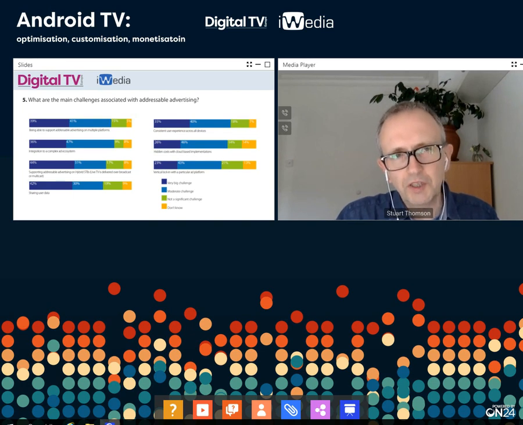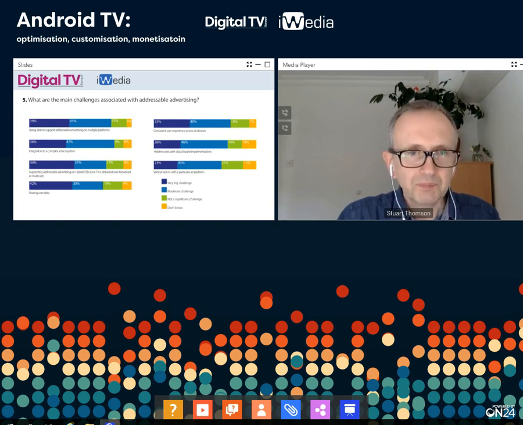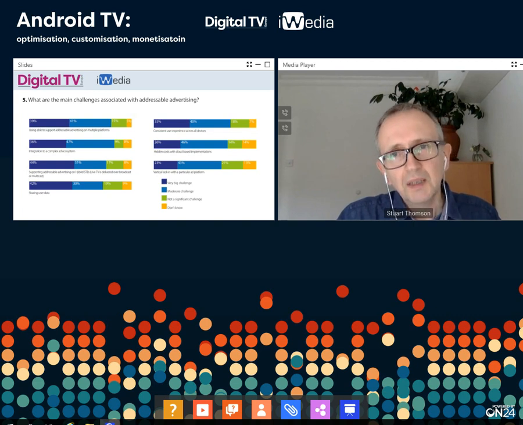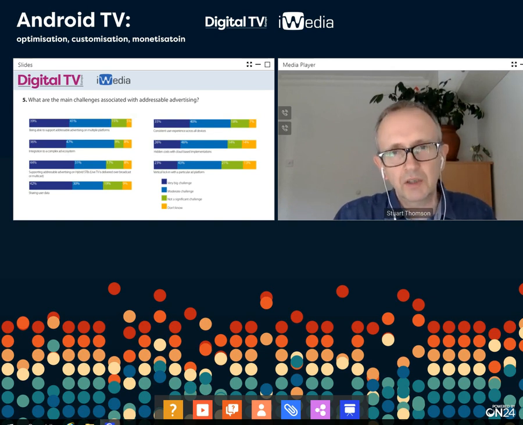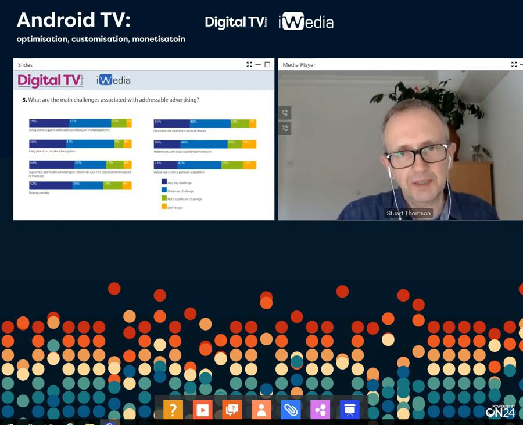There wasn't too much to distinguish between these, as you can see by the more or less equitable distribution of opinions in this chart. The top rated one, although not by a huge margin, was being able to support addressable advertising on multiple platforms. And that was followed by the need to integrate to a complex ad ecosystem. So the technical complexity of doing addressable advertising that can deliver results at scale really takes top billing there.